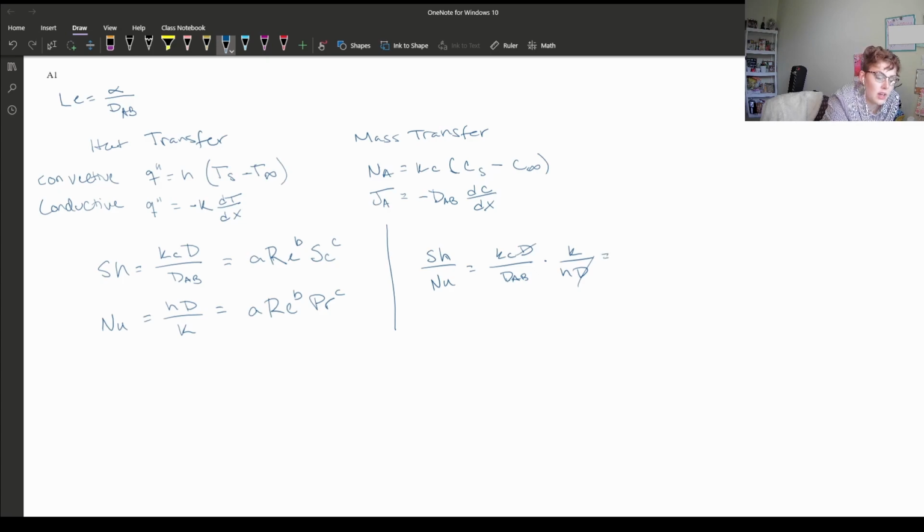And we see that those distances cancel out, and we would get the mass transfer coefficient times the material's conductivity over the mass diffusivity constant times the heat transfer coefficient.